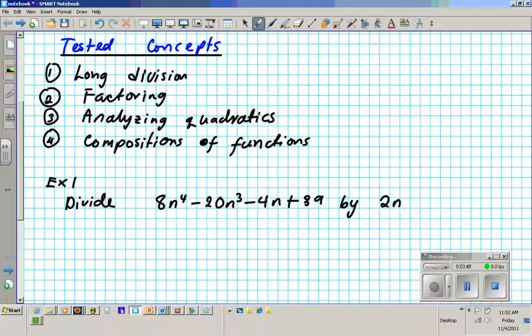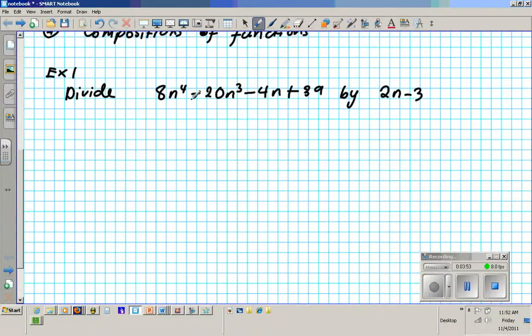2n minus 3. Okay? So for this one, you need to look at the powers, make sure they're in descending order, and then if there are any missing, you have to put in a placeholder for missing degrees. So we have 4, 3, 1, 0 in descending order, but if you notice, 2 is missing, so we will need a placeholder for that. So when I put it in the division bar, the dividend is going to be 8n to the fourth minus 20n to the third.